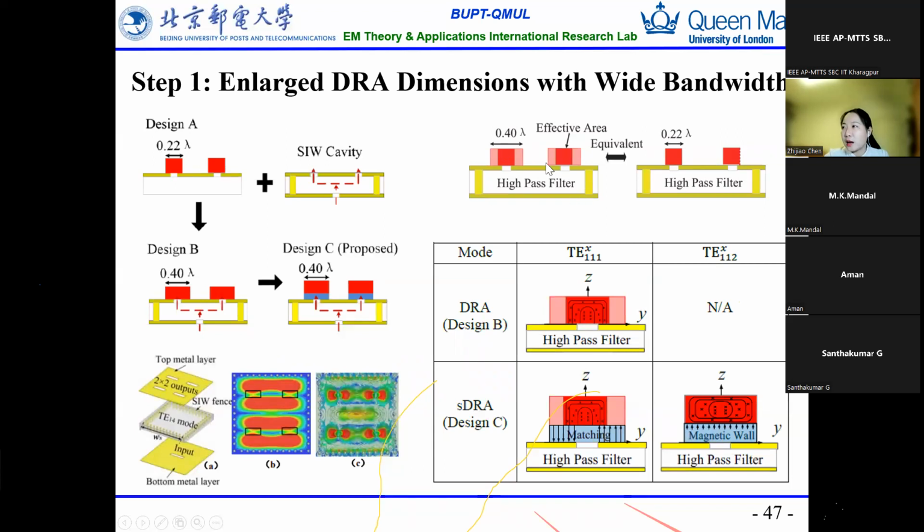By mounting over this high pass filter, this antenna is equivalent to a smaller dimension, so we can enlarge its length from 0.22 lambda to 0.4 lambda, and this antenna can extend to a larger scale. And by designing a stacked DRA like here, another mode, TE112, is excited, so this can achieve a wider bandwidth.